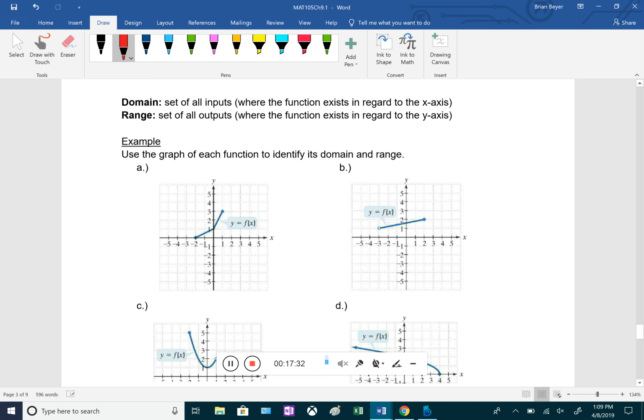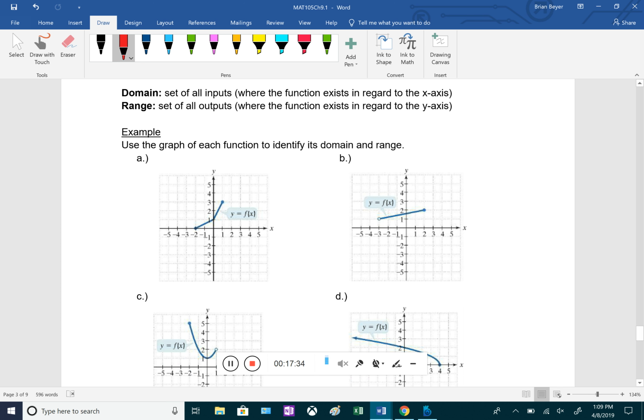Okay, so for the domain, when we are finding the domain, we have to remember it is the set of all the inputs, meaning it's where the function exists in regard to the x-axis. For the range, it's the set of the outputs, which is going to be the set of the values for the y-axis. So when we're determining the domain and range, for the domain, we're going to scan left to right.